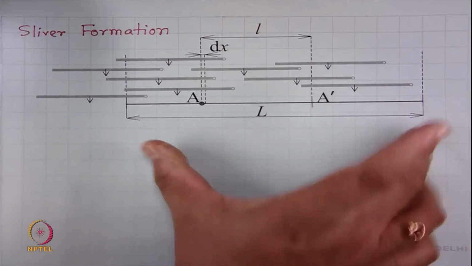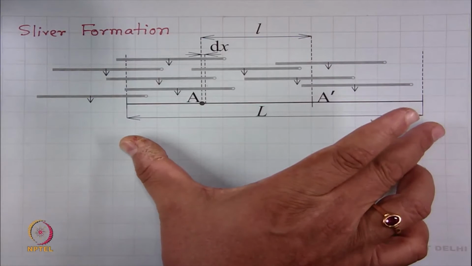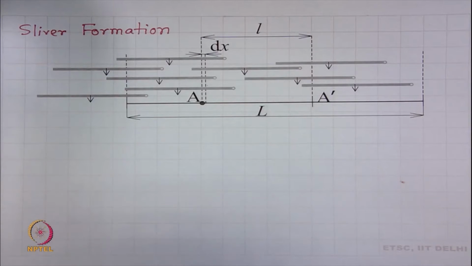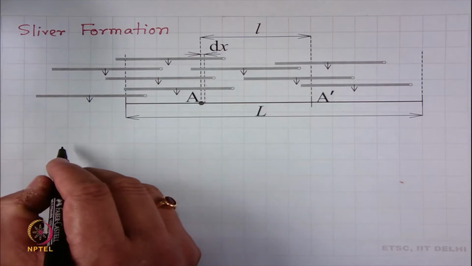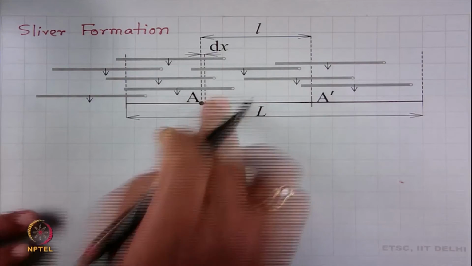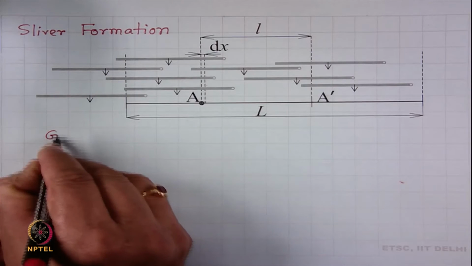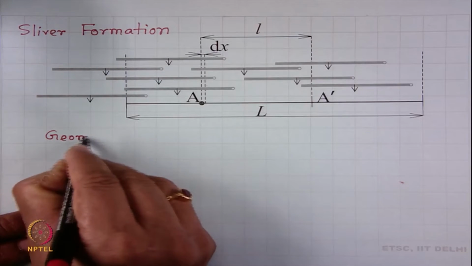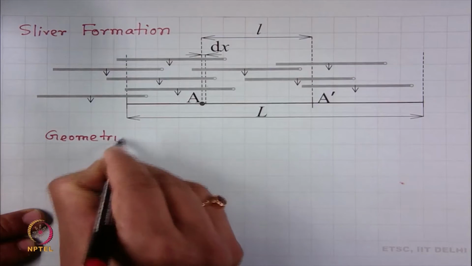And what is the total length? Total length is capital L, that is the sliver length. So, this probability, the probability that a fiber is passing this line, refers to the so-called geometric probability.